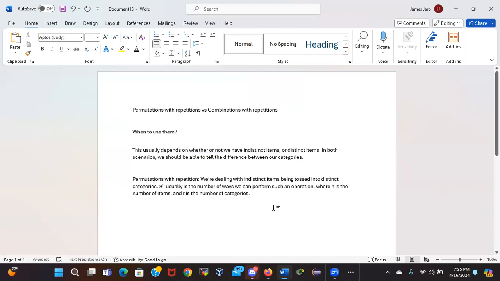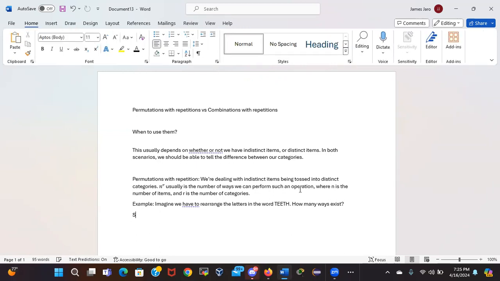So, for an example, imagine we have to rearrange the letters in the word teat. How many ways exist?